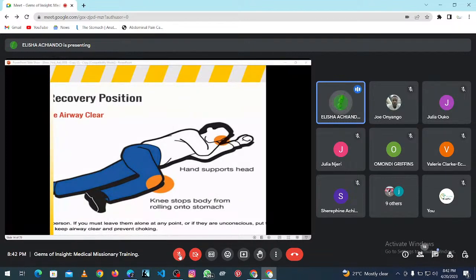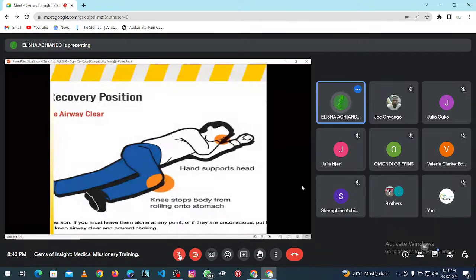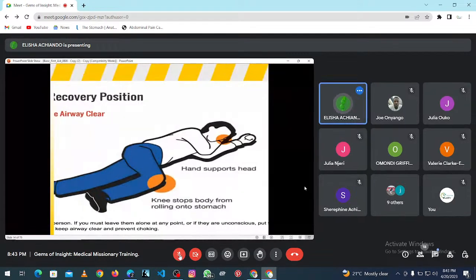Number one, make sure that the person is lying on the right or on the left. This person is lying on the left, but if the injury is on the left, then they can lie on the right. Basically, the right hand is supporting the head, and the knee is slightly raised, bent, so that it stops the body from rolling onto the stomach.